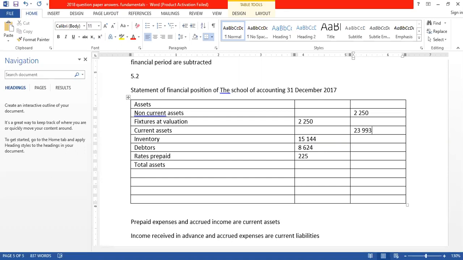So from there, you get your total. How much are our total assets? 23,993 plus 2,250, and then we get our total assets.